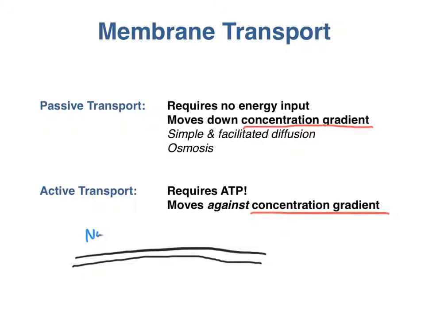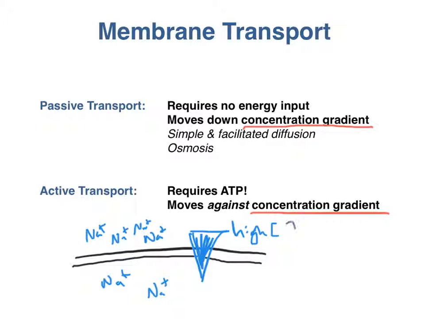If you have, let's say, sodium, if you have a lot of sodium ions on one side of the membrane and only a few sodium ions on the other side of the membrane, you have a sodium ion concentration gradient, where you have a high concentration on one side and a lower concentration on the other side. I'm using these brackets to indicate concentration.